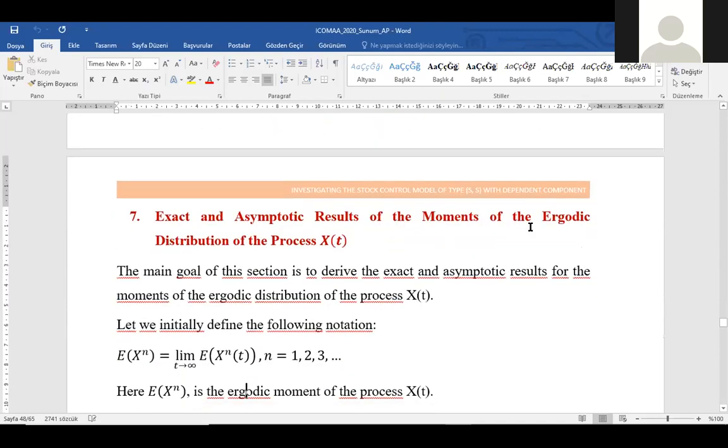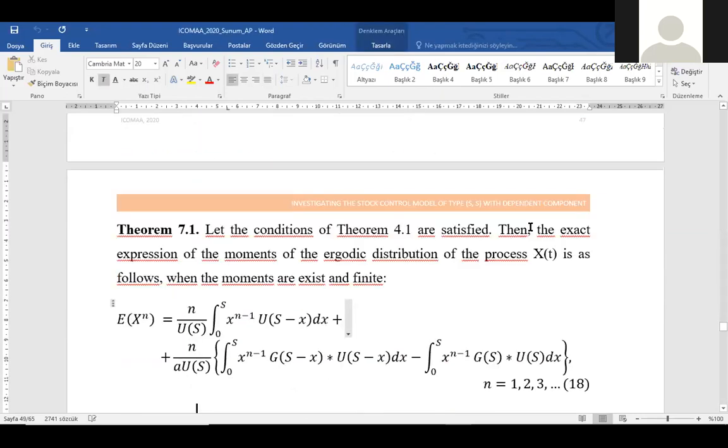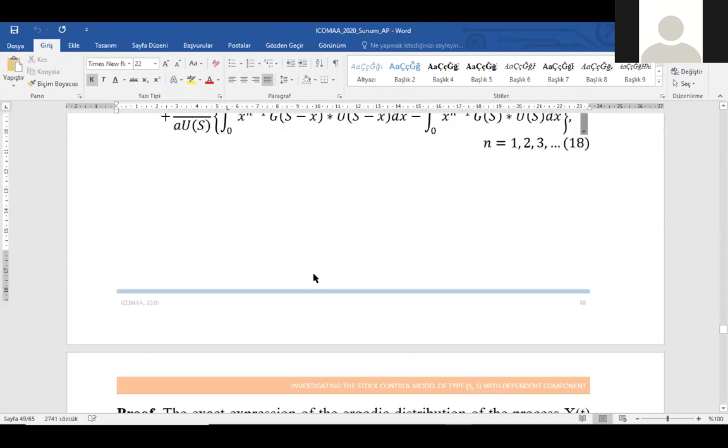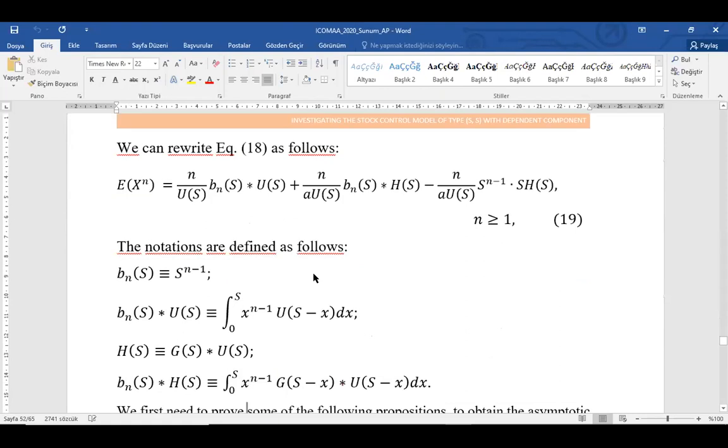Then we have obtained exact and asymptotic results for the moments of the ergodic distribution. These are the exact formulas for the moments of the process, and this is a proof.